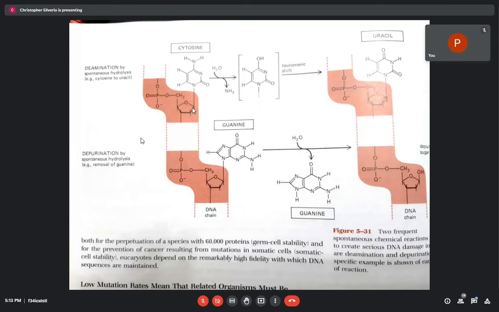You should know how to interpret the diagram. Very simple lang. Makikita mo, when there is the amination, now what happened to the DNA?